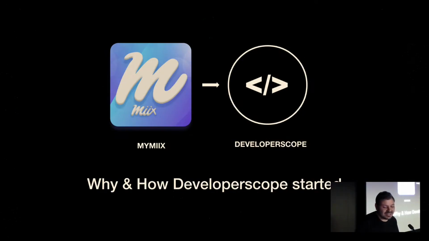So I decided to come up with DeveloperScope 2 years later, because I was doing research. So the reason why I created DeveloperScope was that, and I'll tell you what it is.